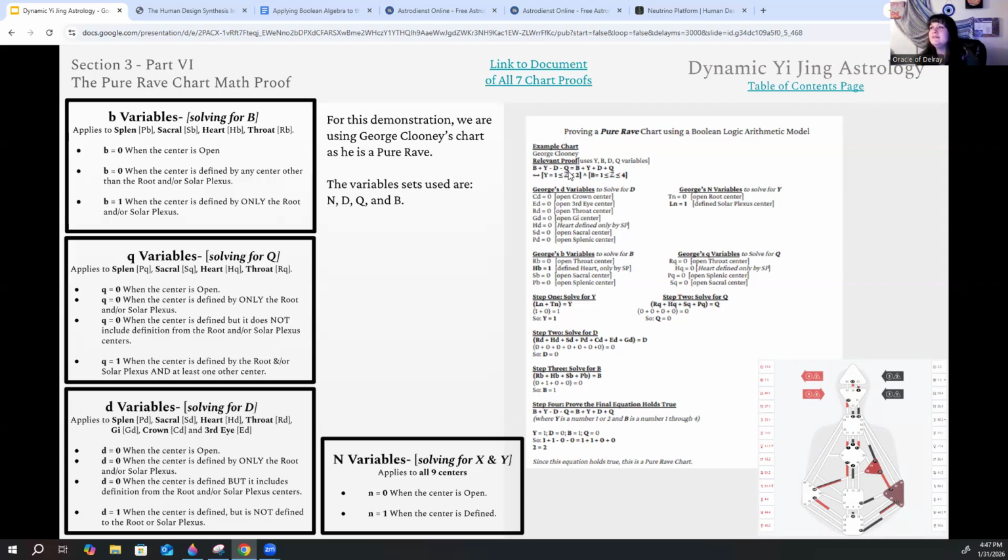This will only work out if d and q are 0, and if y is a number between 1 and 2, and b is a number 1 through 4. So all pure waves will have a b value of 1 through 4 and a y value of 1 or 2, and they will have a d and q value of 0. All pure waves, so that will be true. And that is true of George Clooney's chart. That is true of my nephew's chart.